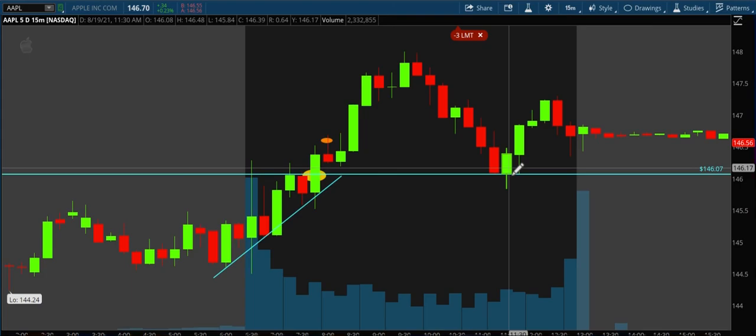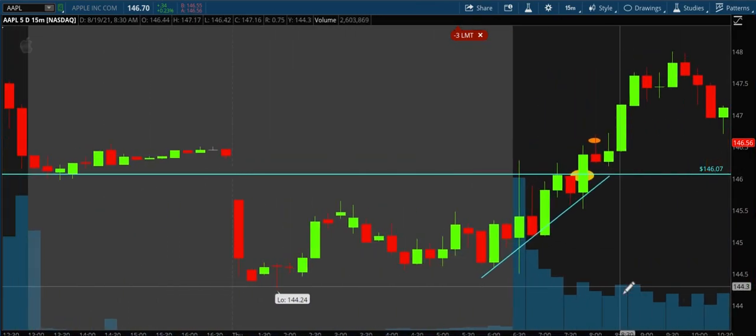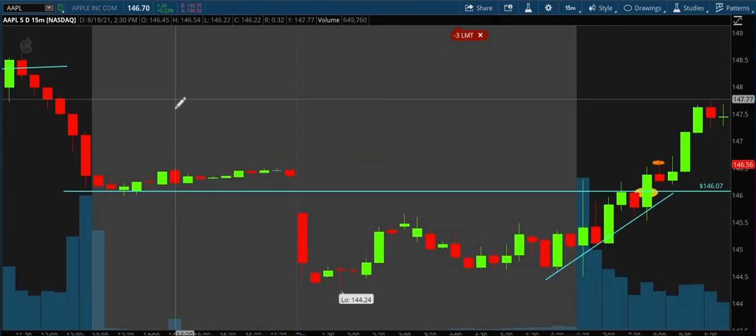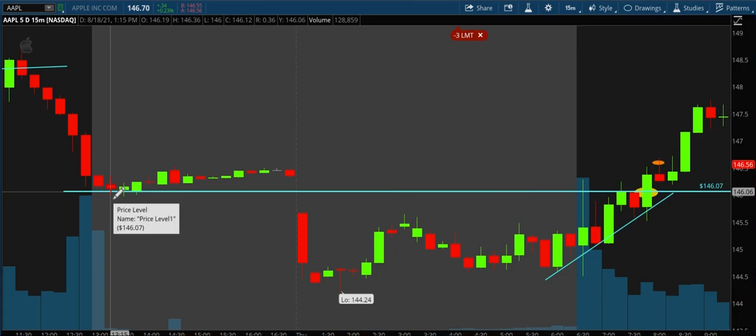So yeah, I took this trade based off the 15-minute interval candlestick engulfing and an ascending triangle. And the third reason is that I noticed a resistance over here from the close of the market yesterday.